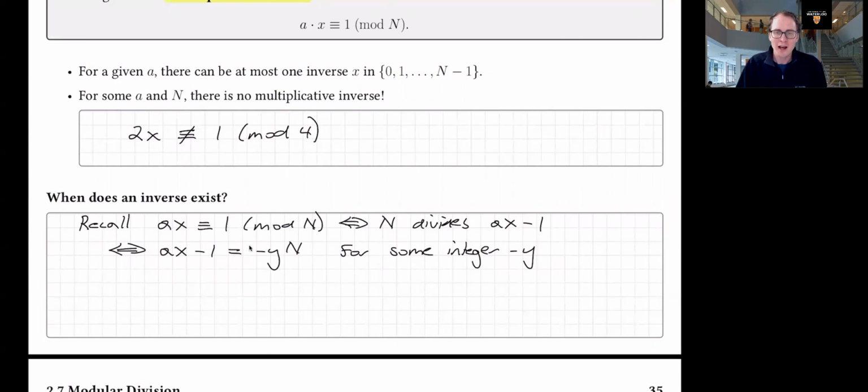I'm writing it like this because it's going to end up being clearer in a moment. You could just think of it as an integer. But the reason is that I want to rearrange it. And so that's the same as saying ax plus ny equals 1.